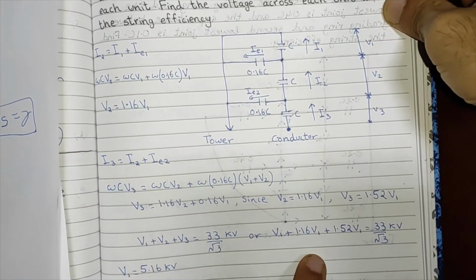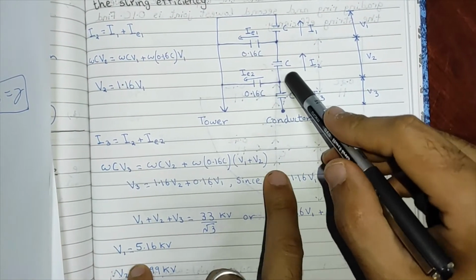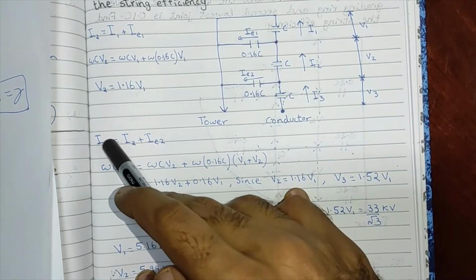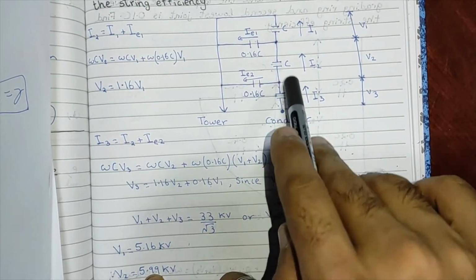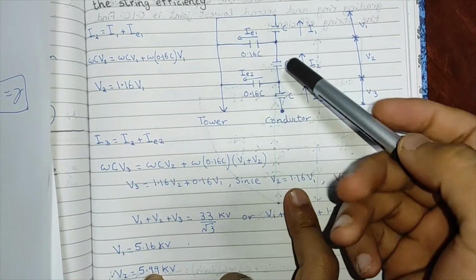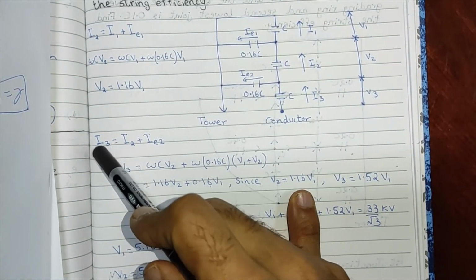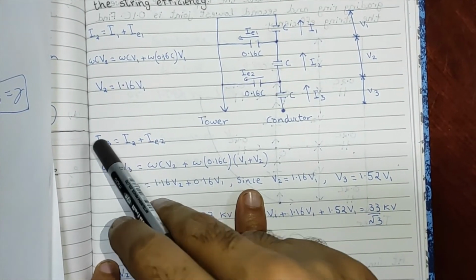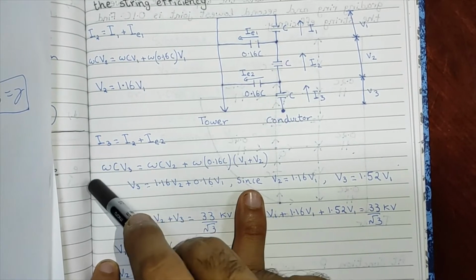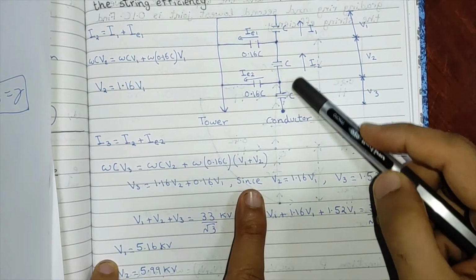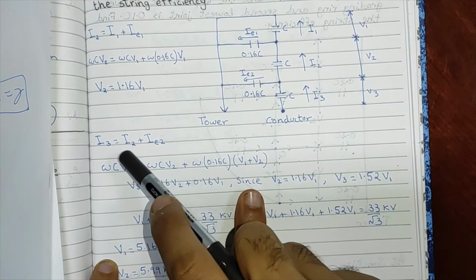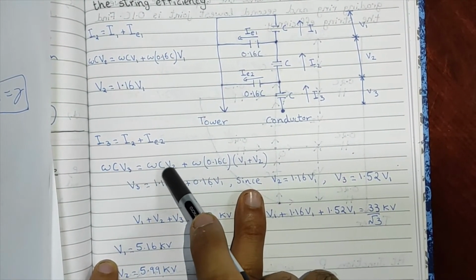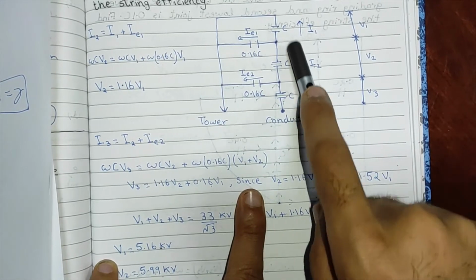Now let's come to the second node, which is this node here. What will be the KCL at this node? I3 is entering and this I3 is equal to this I2 which is leaving up and this IE2 which is leaving there. So I3 is equal to I2 plus IE2. We will replace these currents with omega C V3 for this capacitor, equals, what about I2 here? It will be omega C V2 because the voltage across this capacitor is V2.